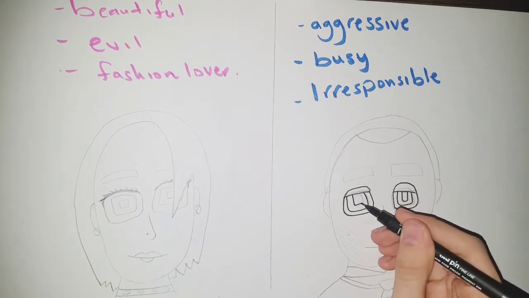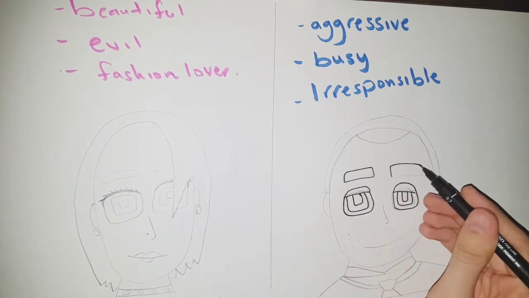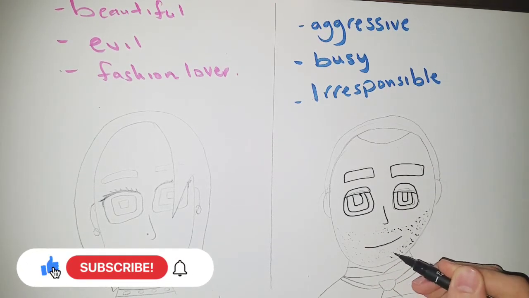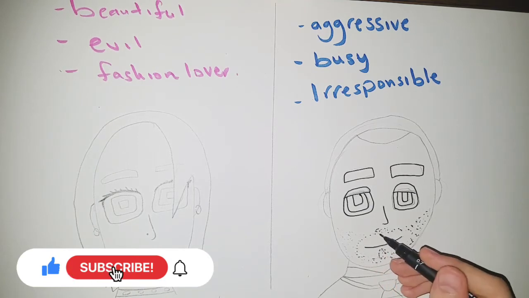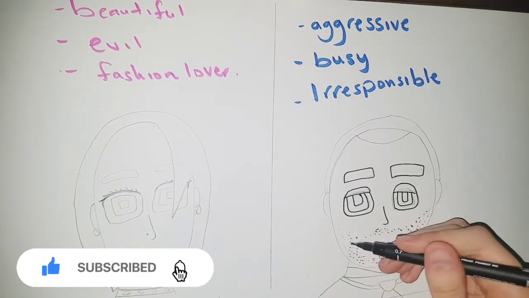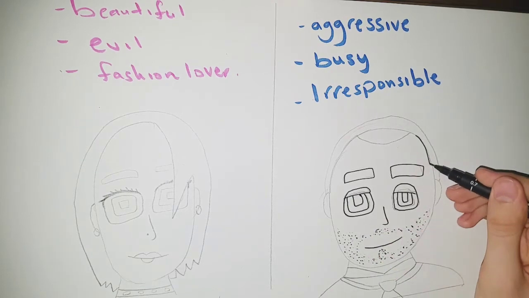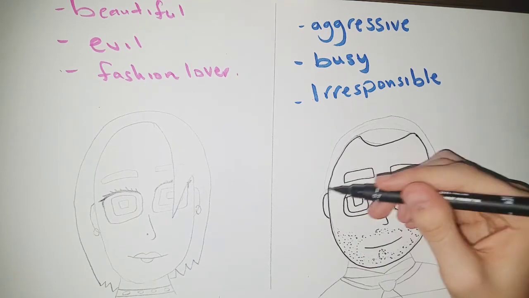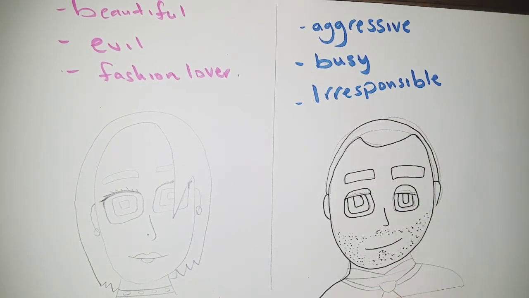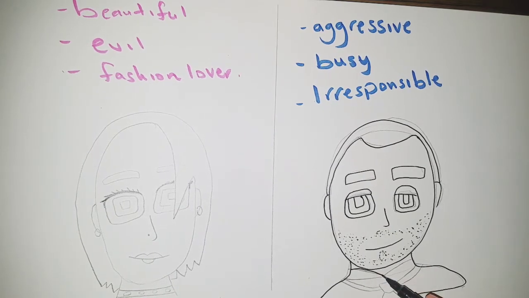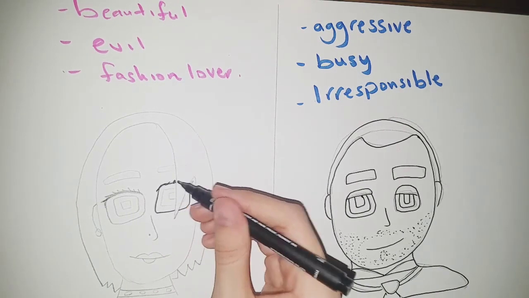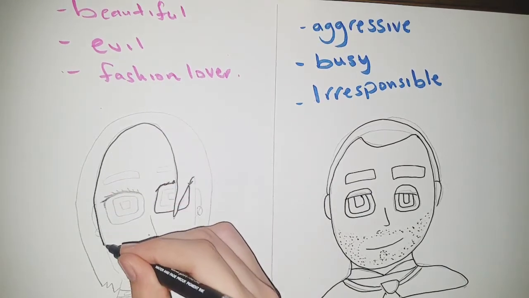And never select two traits that are opposite or don't match each other, like evil and good, lazy and hardworking, aggressive and calm, because these traits don't match together, they are opposite, and even people will find it hard to see an evil good character or a lazy hardworking boy, it doesn't make sense. That's why it is not recommended.